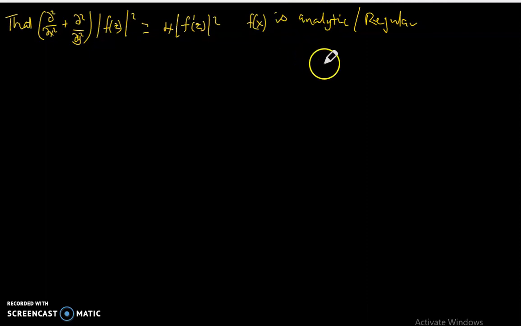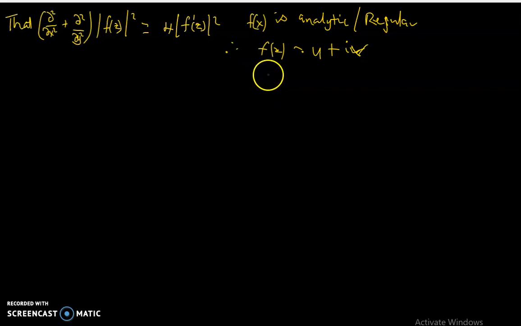So if f of z is analytic or regular, what this tells you is that f of z is equal to some function u plus iv. It means that it has the real part and then the imaginary part. So this is what we are going to do.